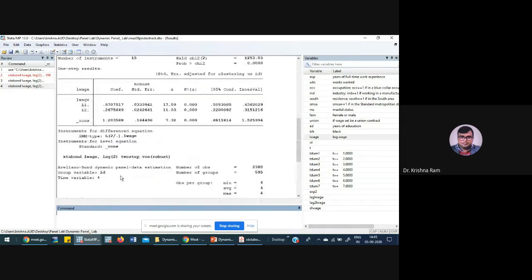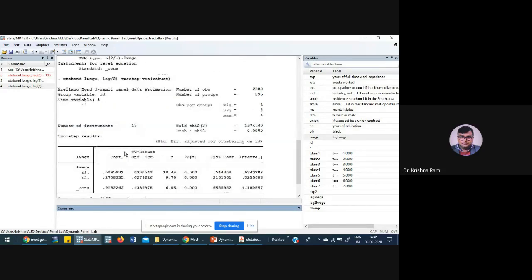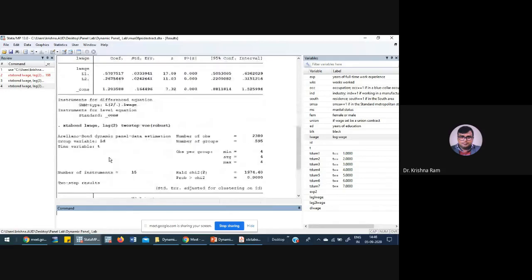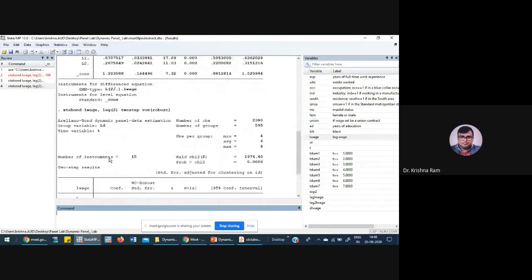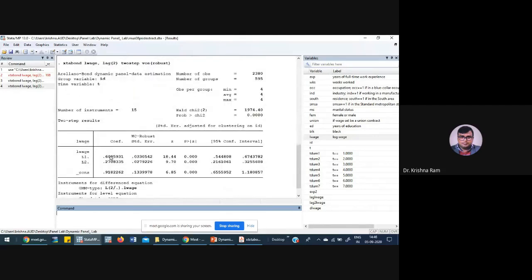And comparing with the previous estimates, in the previous estimate we had gotten 0.57 and 0.26 as estimates of log of wage at different lag periods. So it is almost the same. You can say this one is 0.57, 0.60.